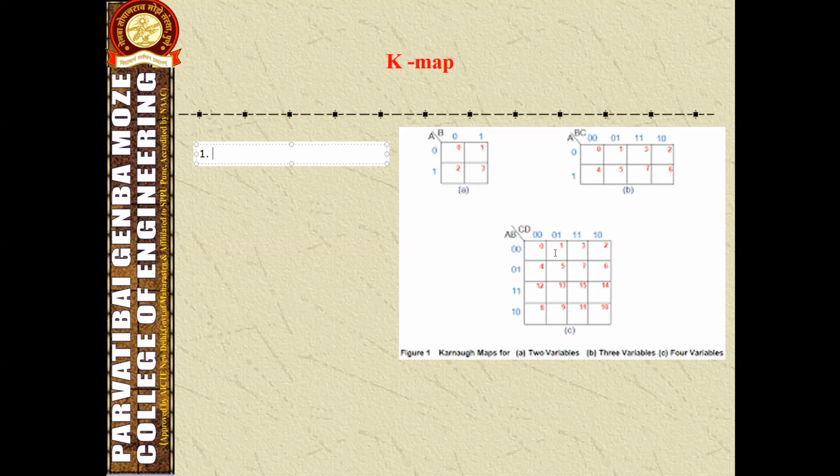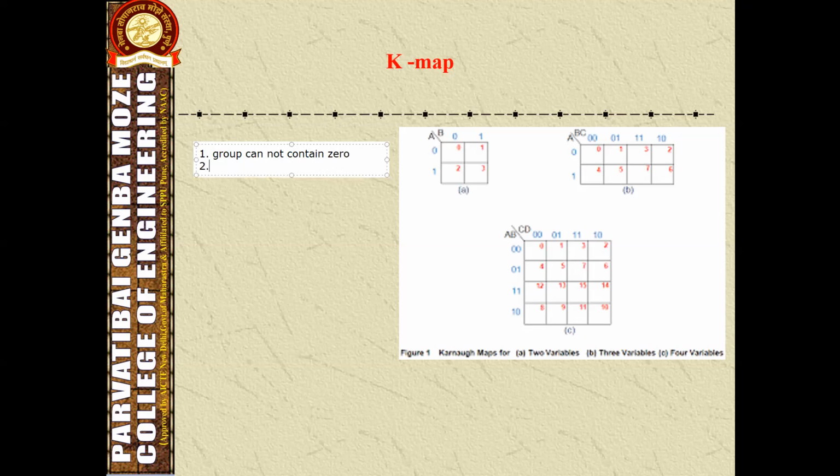According to the truth table, there may be zeros as well, but while grouping, the zeros will not be considered. Only the ones can be considered for grouping purposes. So the first rule: a group cannot contain a 0.